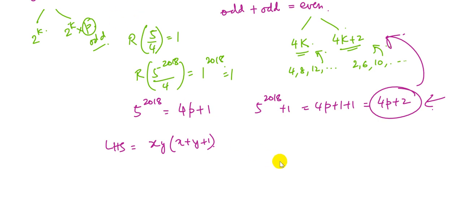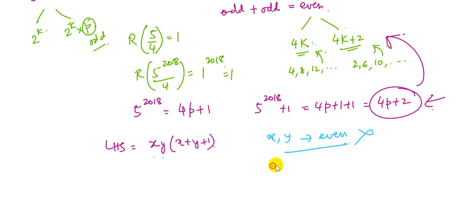Now what can be the possibilities? x, y are both even. Now if that happens, then x into y will be even, divisible by 4. So that will go into the category 4k. My left hand side will become 4k. So this is not possible.